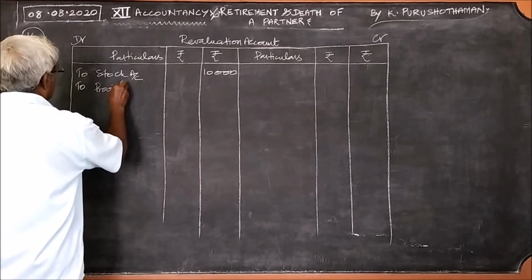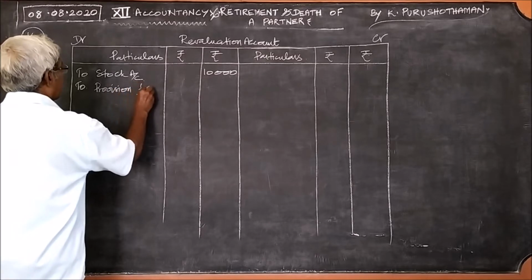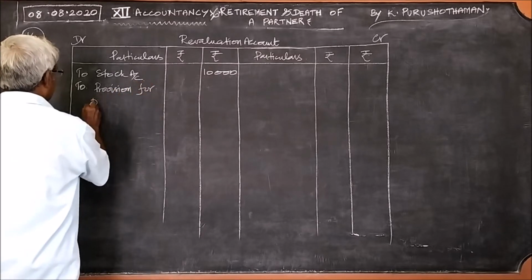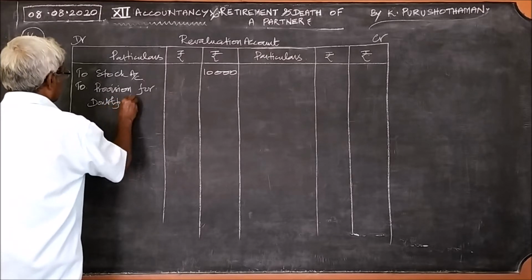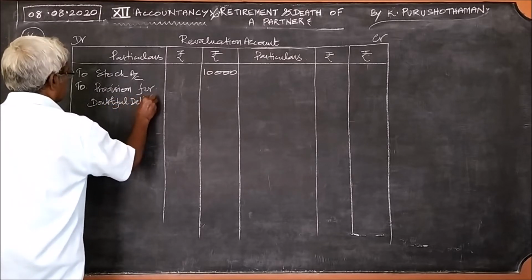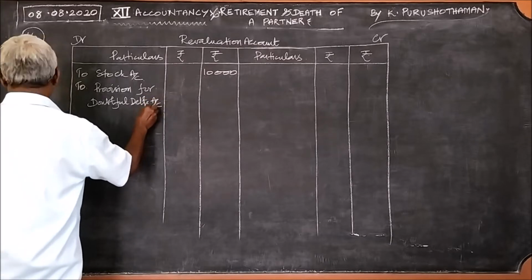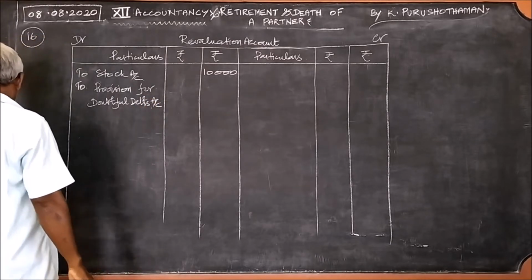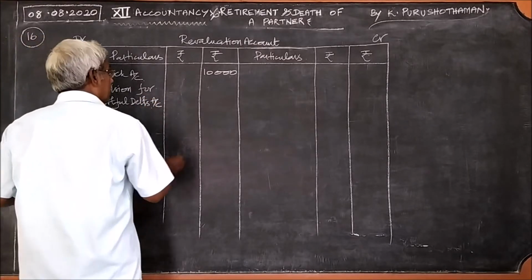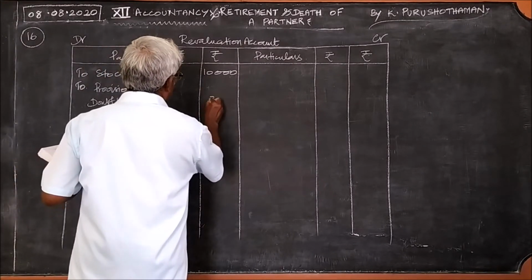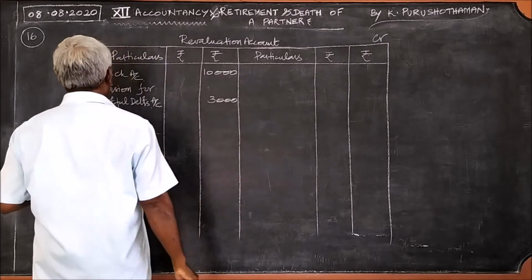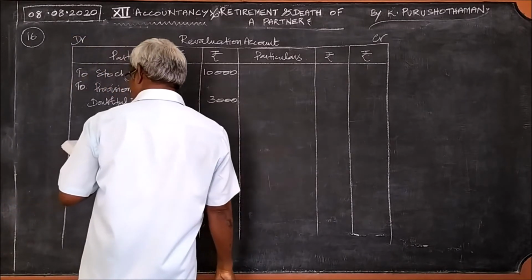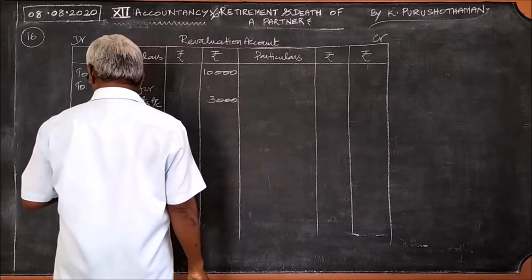To provision for doubtful debts account, the amount is 3,000. The second adjustment is also attended.